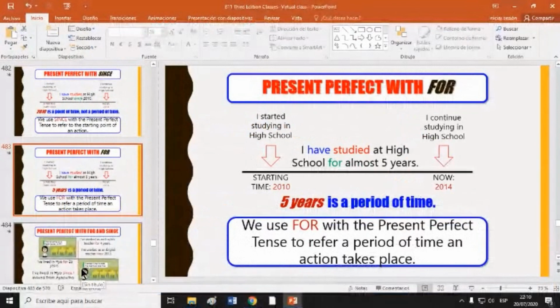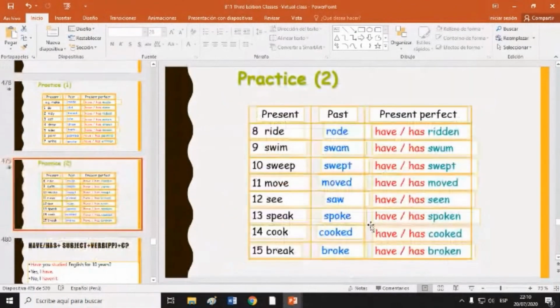Okay, so what time do we have? Tomorrow we will continue with this activity, okay? But something important, please, with irregular verbs, you have to memorize. When you have the present perfect, I need the auxiliary "have" or "has," then I need the past participle of the verb. With regular verbs it's similar to the simple past, "-ed."